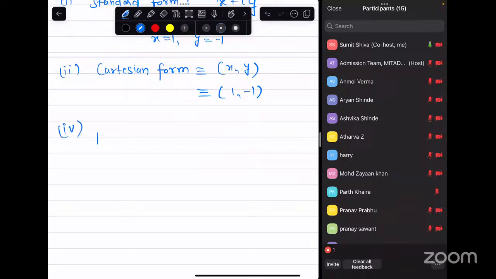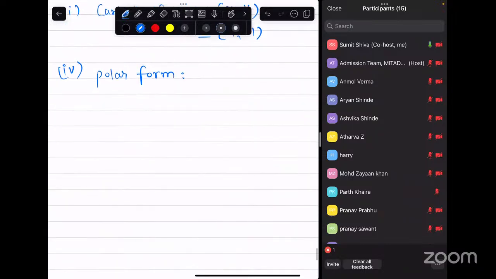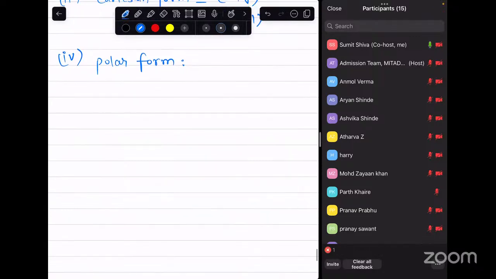Then we have polar form. For polar form, first of all, we will find out the argument. And for that, we need to find out alpha. Alpha is given by tan inverse of mod of imaginary part of the complex number by real part of the complex number.